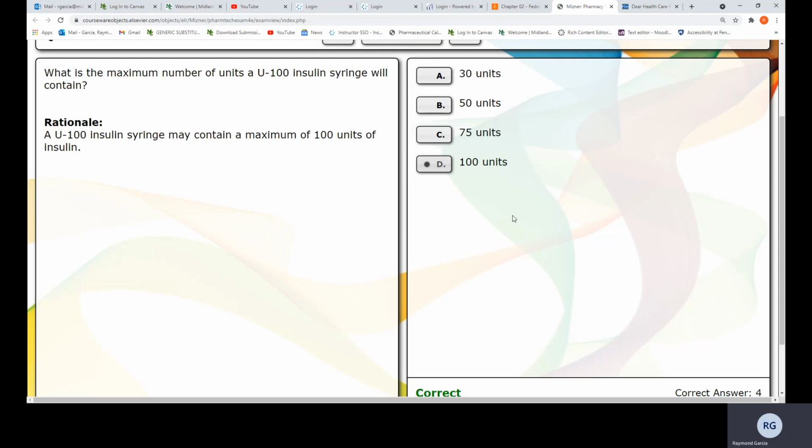So 1 mL. Insulin is 100 units per 1 mL. So that's the maximum you can get in that syringe.